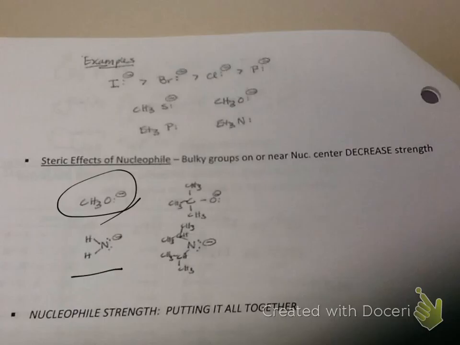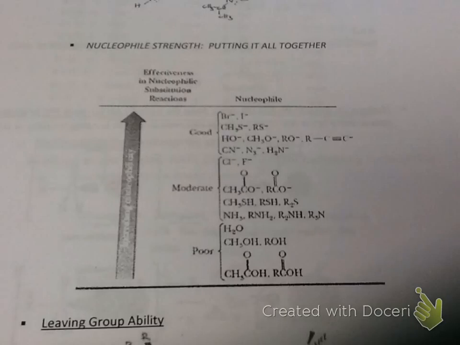For instance, here we have an amide versus a diisopropyl amide anion, with two isopropyl groups. They're both nitrogens with negative charge, so the nitrogen itself is a good nucleophile. It's negative. However, this is the less bulky nucleophile, so it can get in and react quicker from the backside. So when we put all this together, the negative charge versus neutral: negative is better.